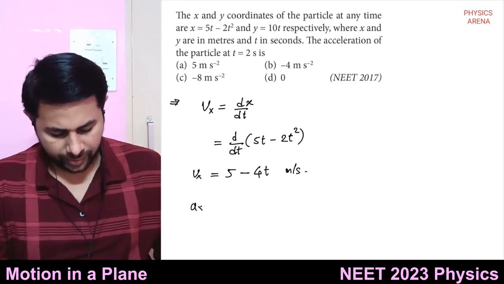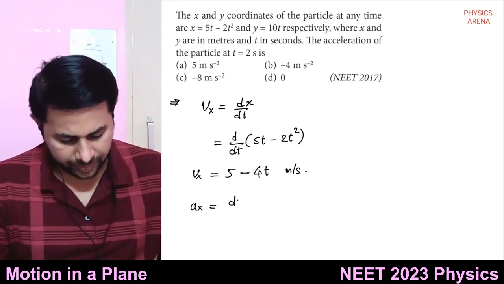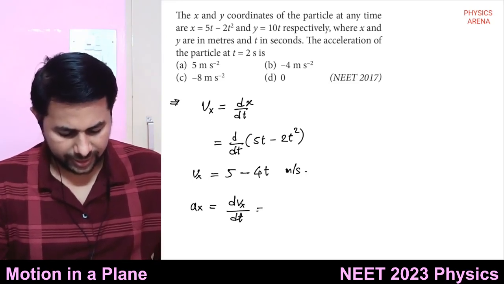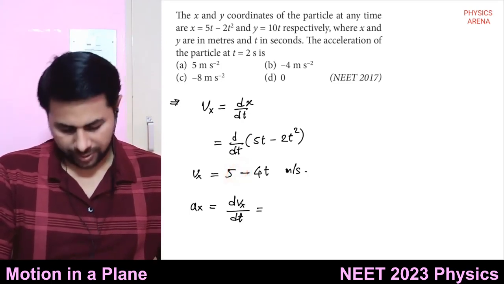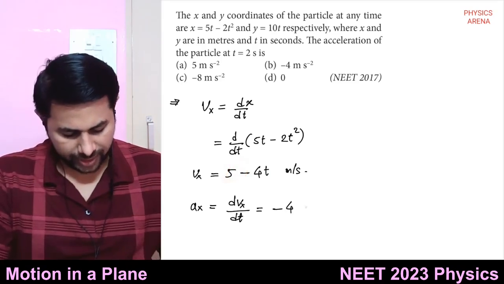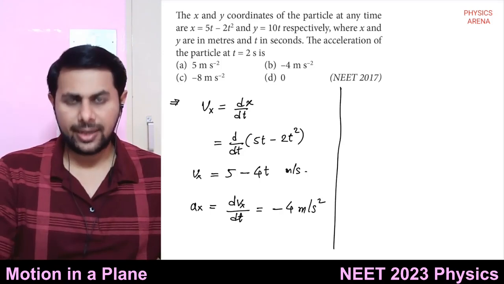Then acceleration in x direction is dvx by dt, and if you take the derivative of this, it will give you minus 4. So minus 4 meter per second square. This is the acceleration in x direction.